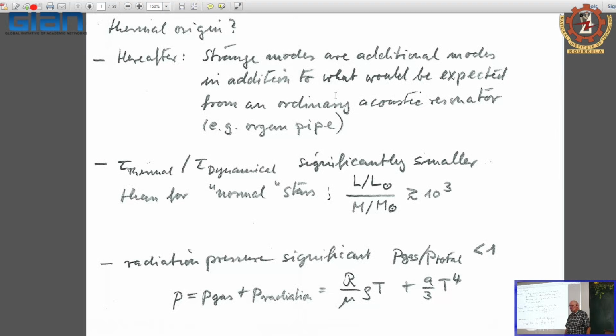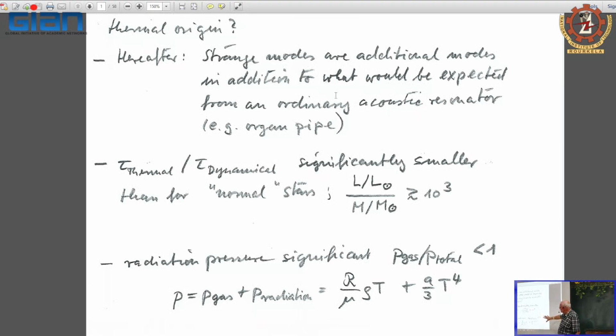What goes along with the small ratio of the thermal to the dynamical timescale is that the contribution of gas pressure to total pressure is usually smaller than for ordinary stars. If we write the pressure as a sum of gas pressure and radiation pressure, then the ratio of the contribution of gas pressure to total pressure is significantly smaller than one, which goes along with small thermal timescales.